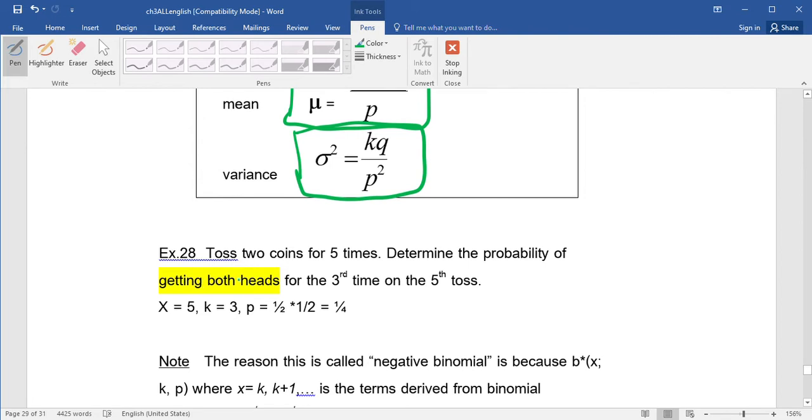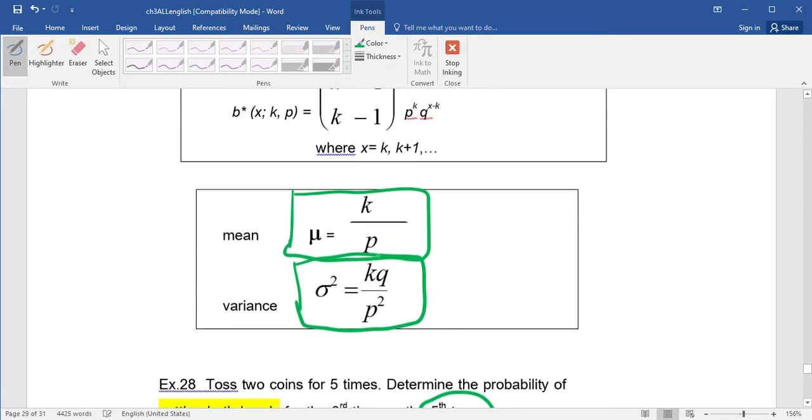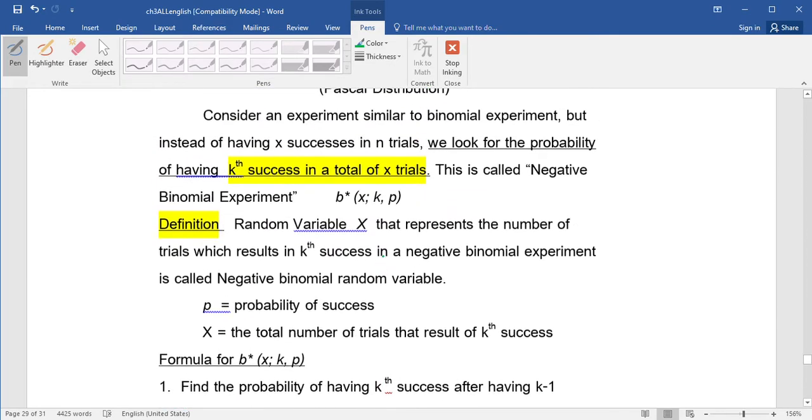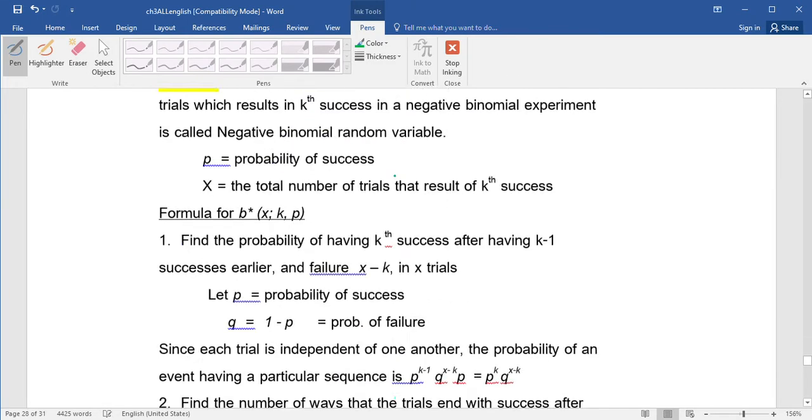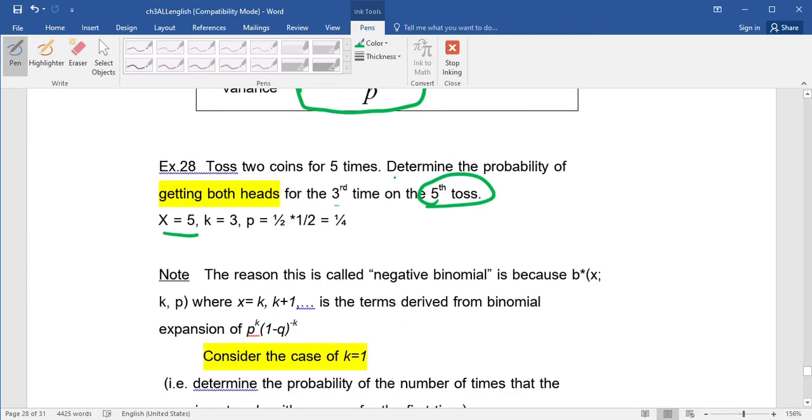We want to find the chance of getting success for the 3rd time on the 5th toss. So x equals 5, k is equal to 3. Getting k successes in a total of x tosses, getting success for the 3rd time on the 5th toss.